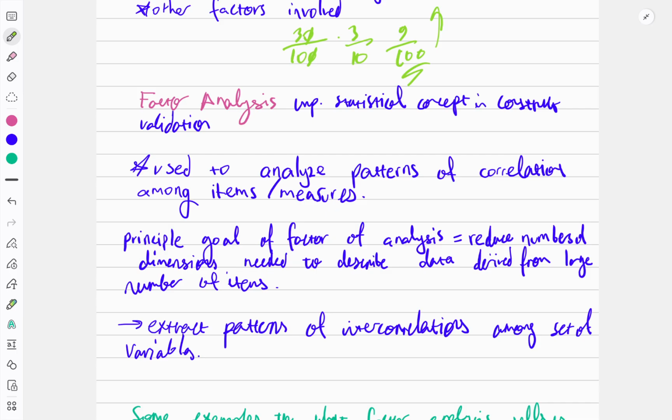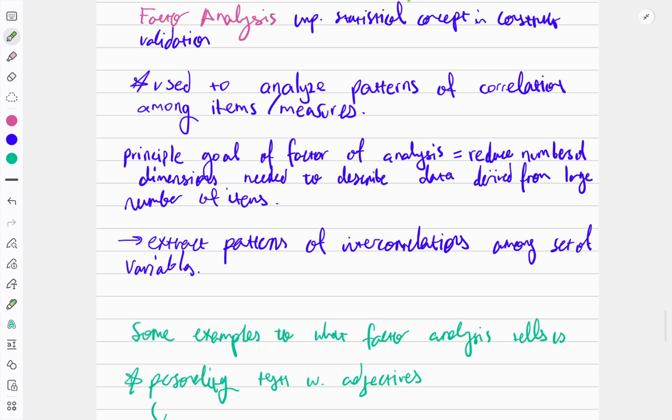So we need to extract patterns of intercorrelation among a set of variables, and we use factor analysis. We are extracting the patterns of intercorrelations among variables.